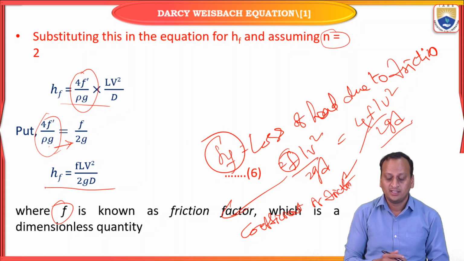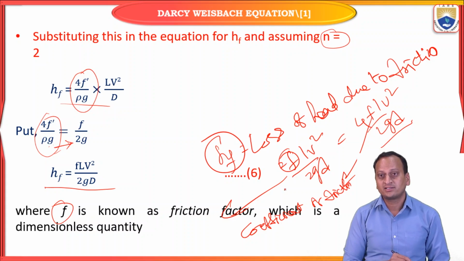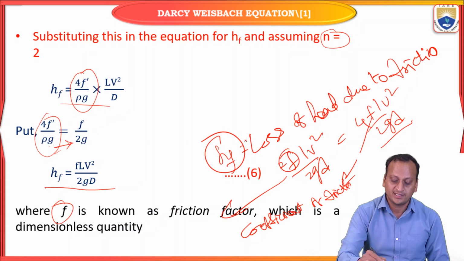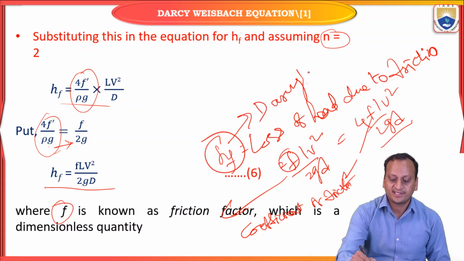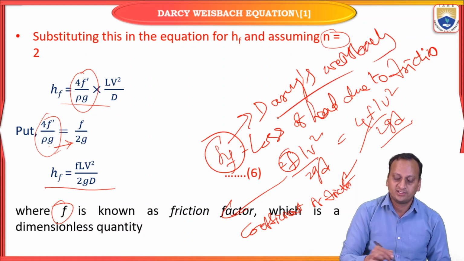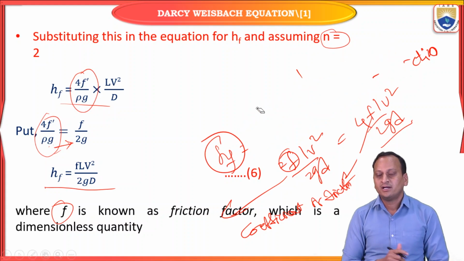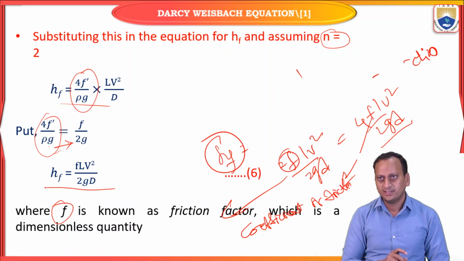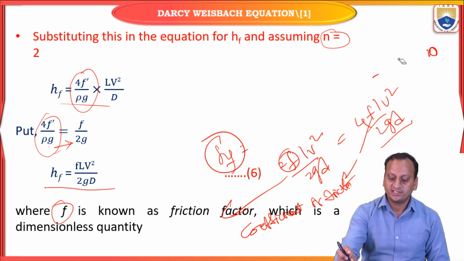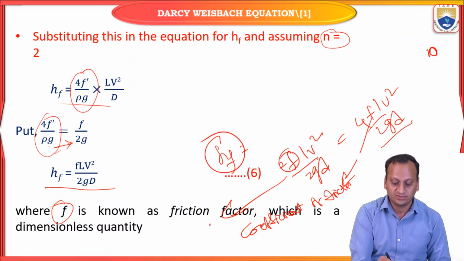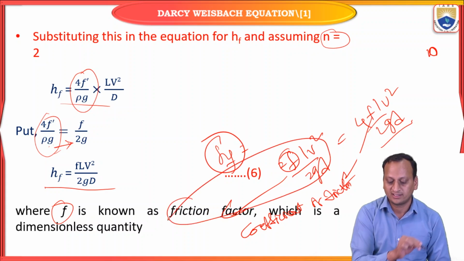When these two equations indicate the loss of head due to friction, this is also known as the Darcy-Weisbach equation, as per Darcy's consideration. So the Darcy-Weisbach equation is HF equals to 4FLV square by 2GD or FLV square by 2GD. If it is FLV square by 2GD, F is known as friction factor.